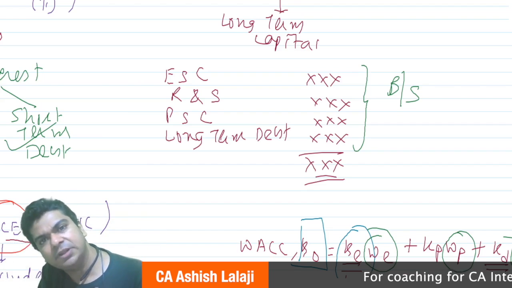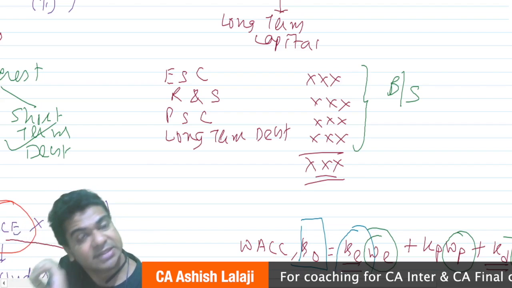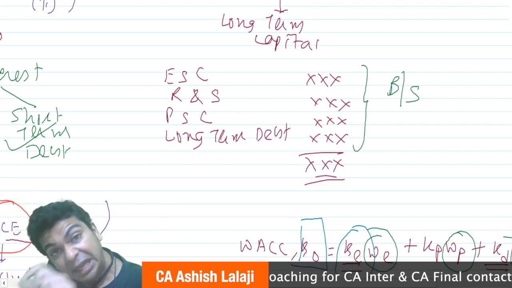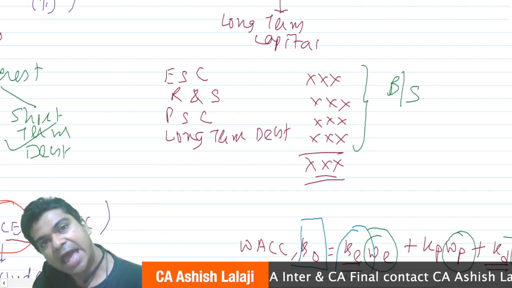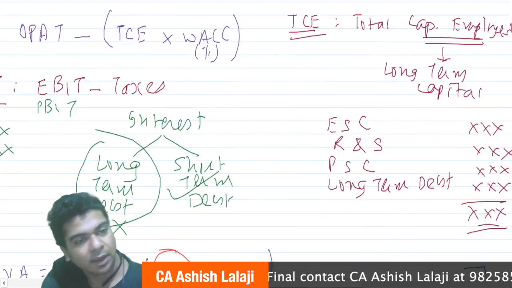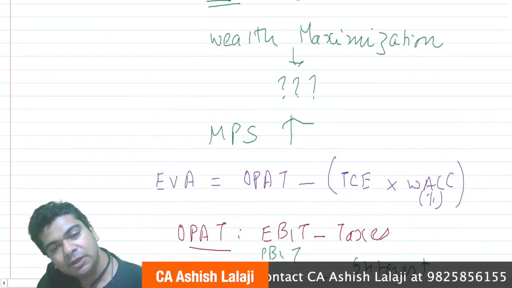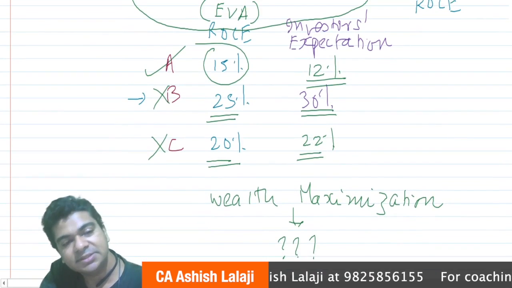So keep these different things in mind, and on the basis of that, you can then decide what the EVA will be. The company that produces the highest EVA, that company is best for investment. Returning again to that same question, companies A, B, and C are there.